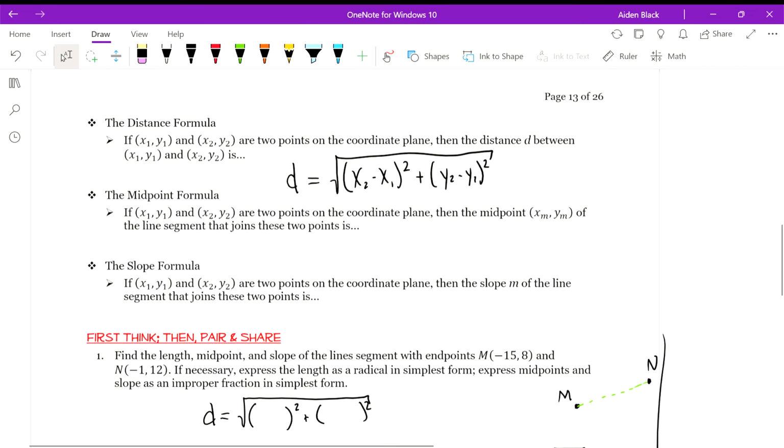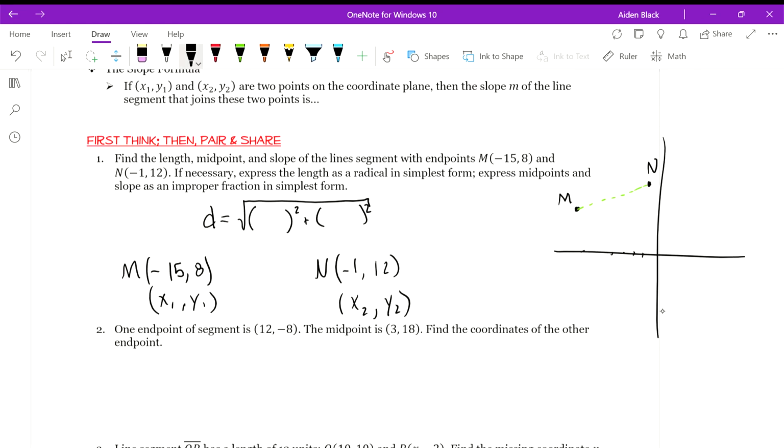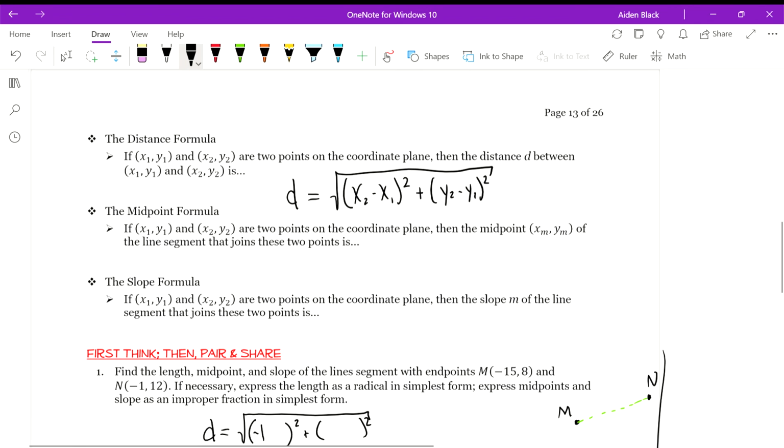So x2 minus x1, in this case, our x2 is negative 1, and we are subtracting x1.